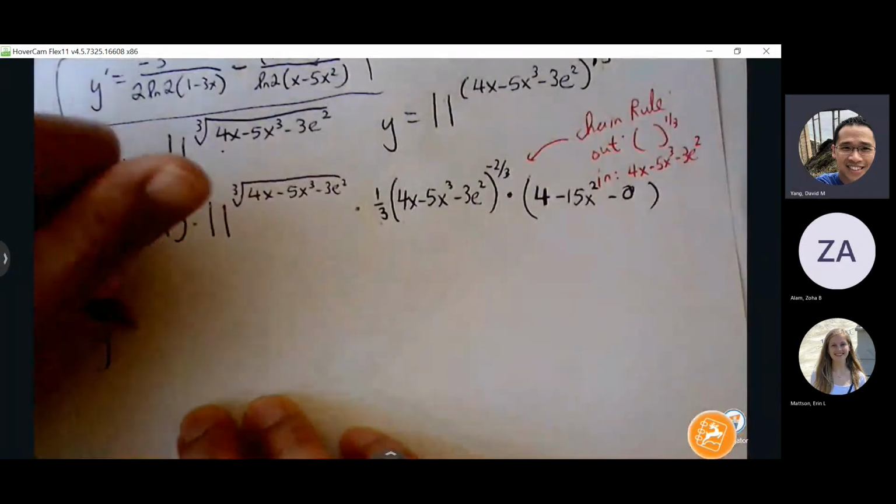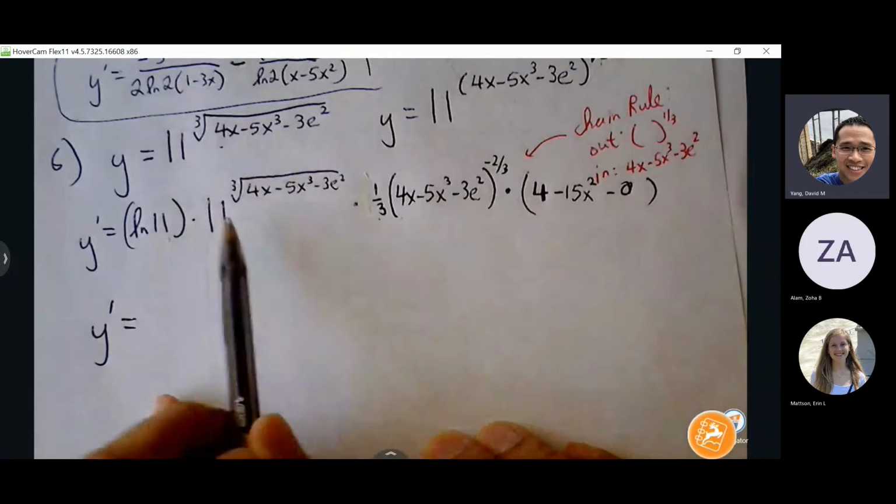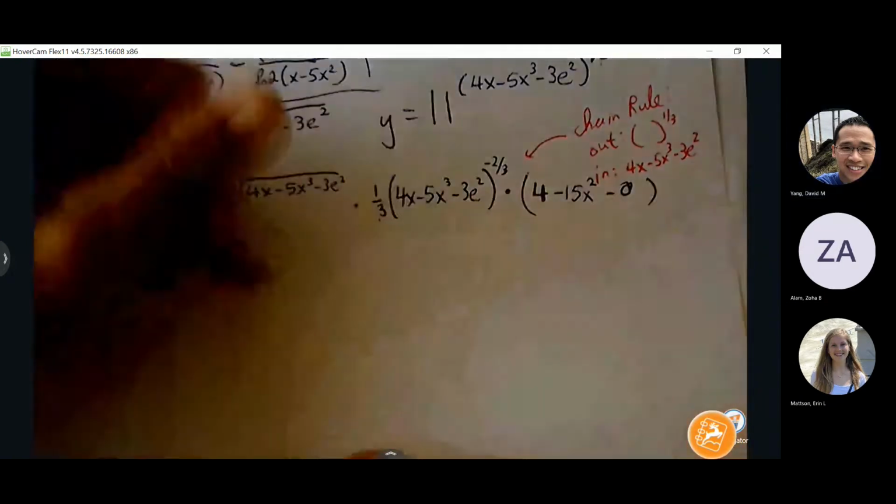Okay, just some cleanup here. I'll try to put all this under one fraction, and I'll put where the numerators belong and denominators belong. So numerator, numerator, numerator, denominator, denominator.